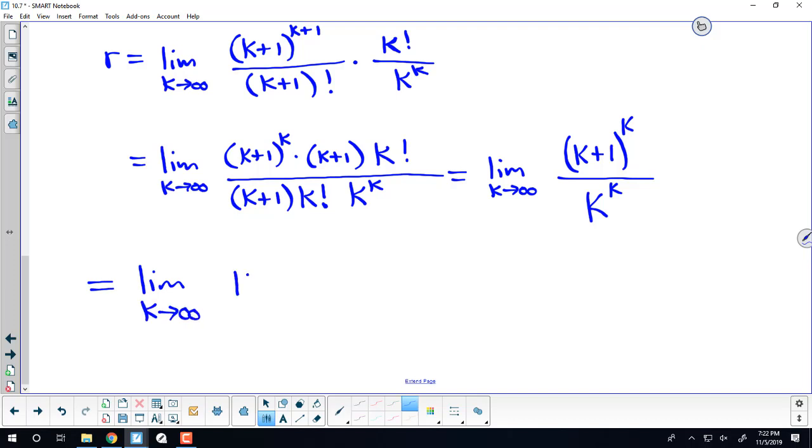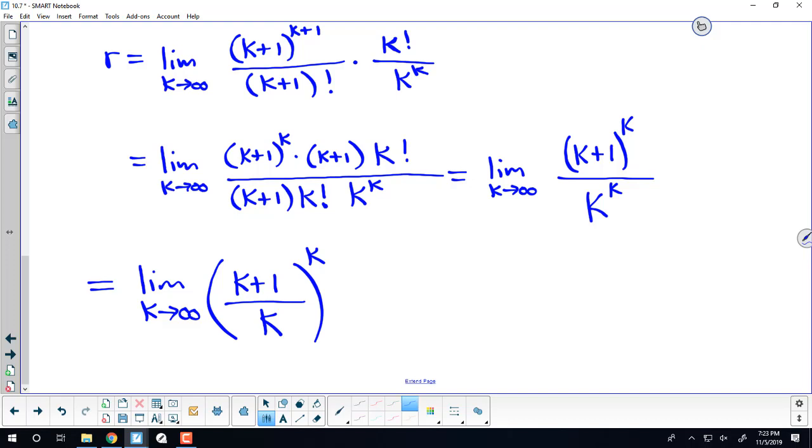What if we looked at it as k plus 1 over k, and it's that quantity to the kth power? Then we would say, well, yeah, the inside approaches 1, the power approaches infinity, right? So that's really one of those L'Hopital's rule cases, 1 to the infinity, you've got to rewrite it. It's an indeterminate form.